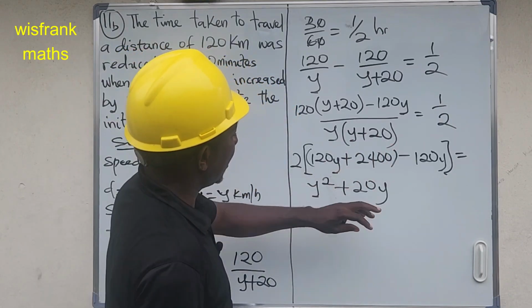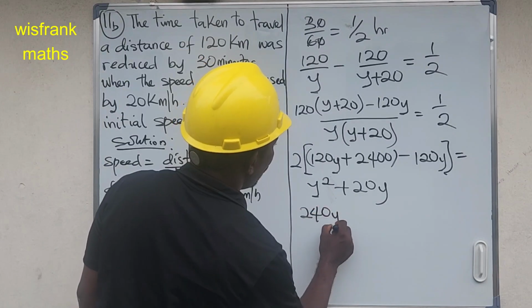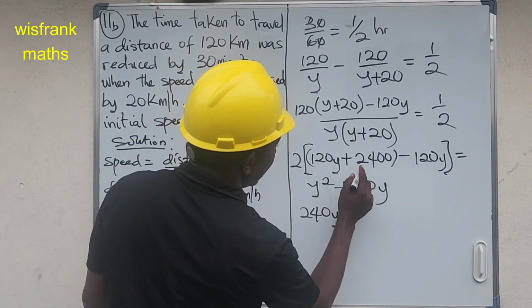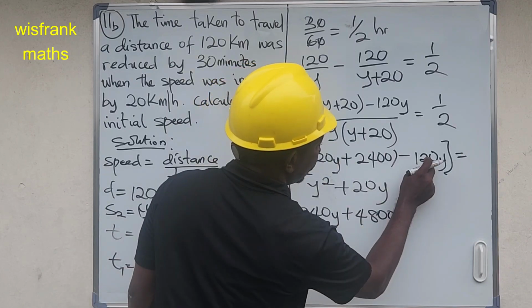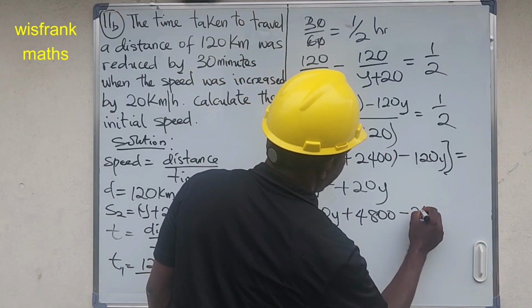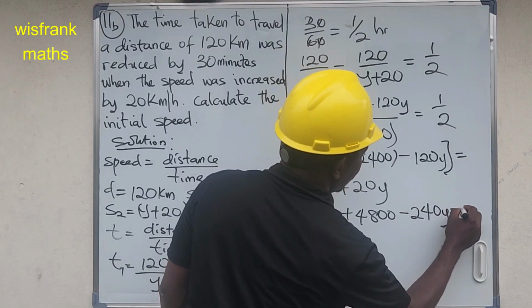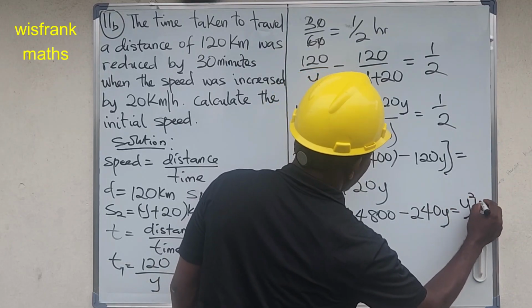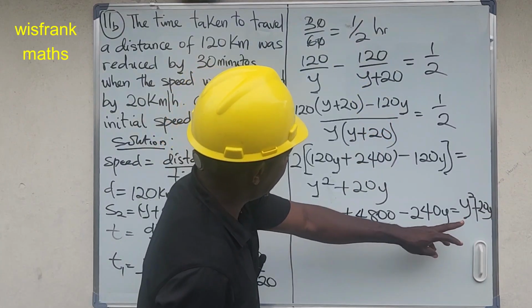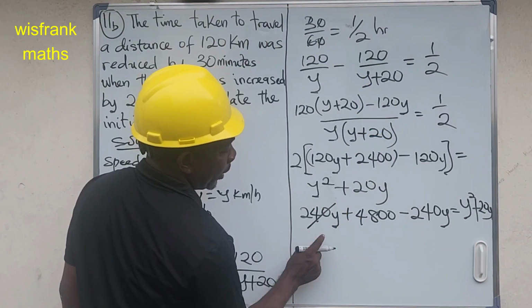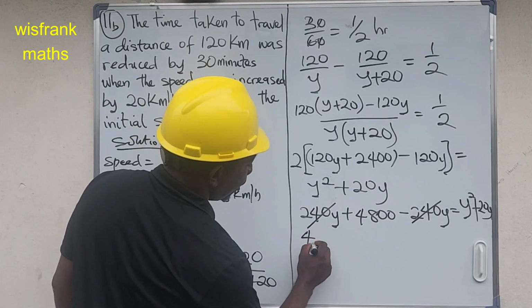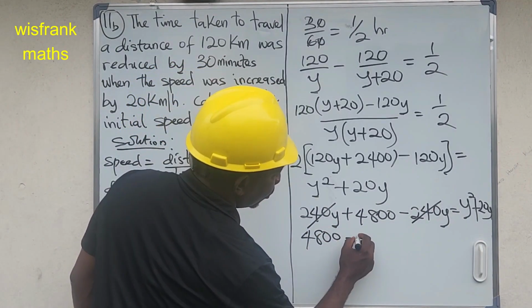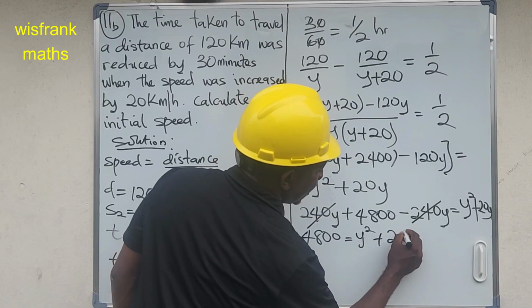Then 2 times 2,400, we have plus 4,800. Then 2 times 120, we have minus 240y equals y squared plus 20y. The 240y cancels because one is plus and the other is minus. So we are now left with 4,800 equals y squared plus 20y.